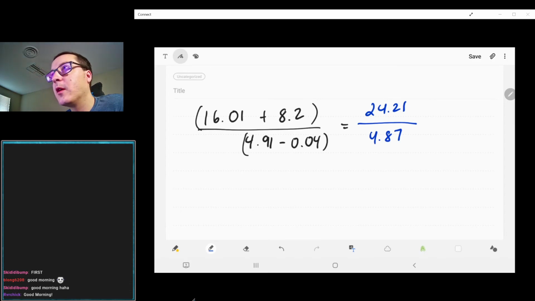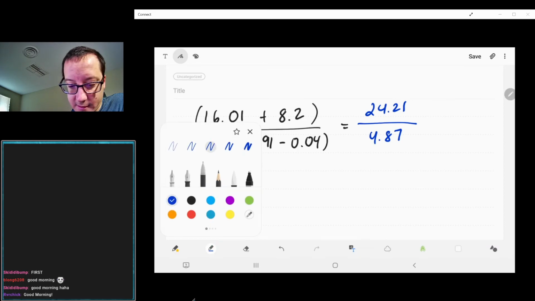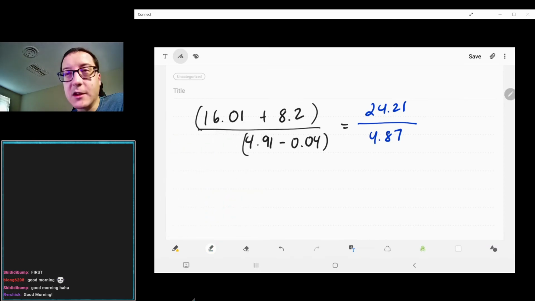So, we have a couple of numbers here that we're going to be dealing with. And we're doing a mix of various operations here. We're doing addition and subtraction, and then we're going to be doing division afterwards. That's what the parentheses are there for.